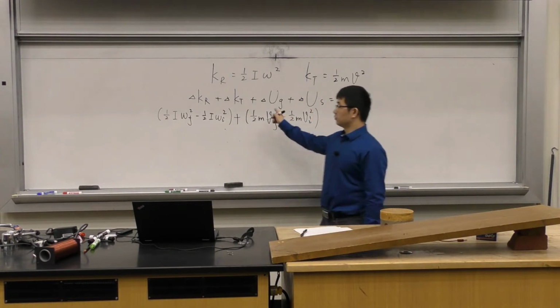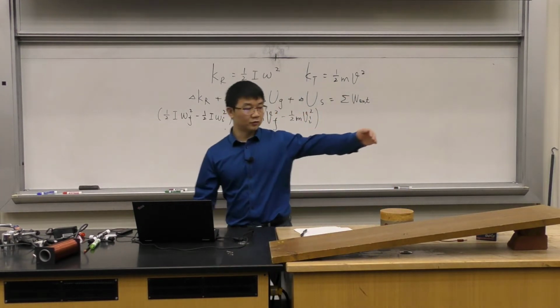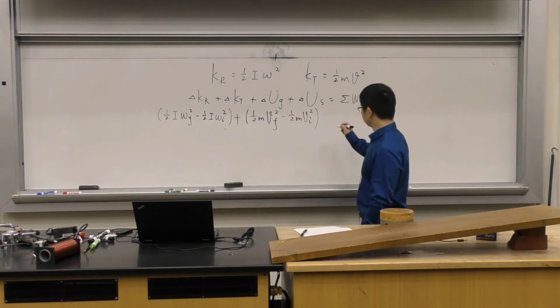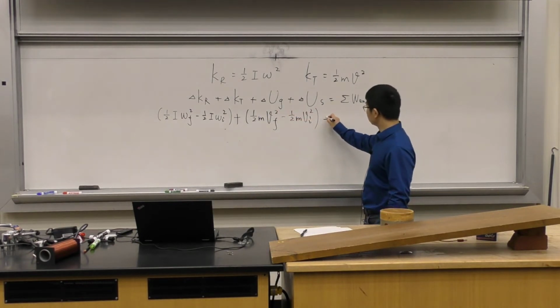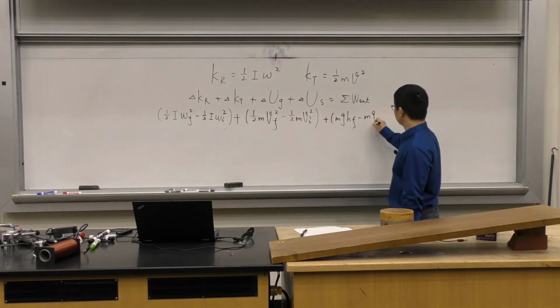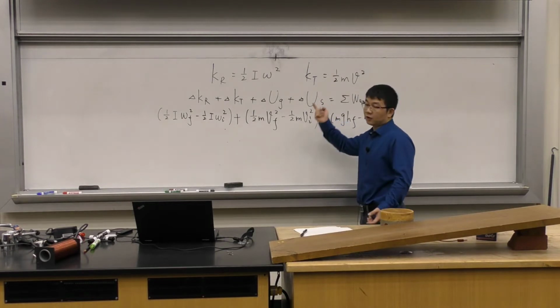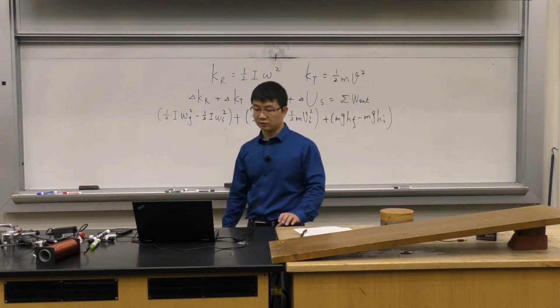And there is a gravitational potential energy because it's rolling down the ramp, the height changes. So I will have mg h final minus mg h initial. I don't have any elastic system here, so there's no elastic potential energy.